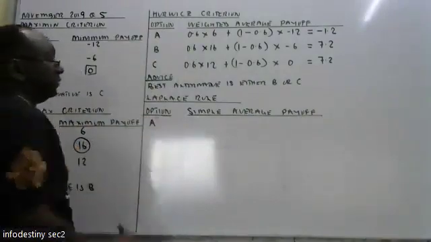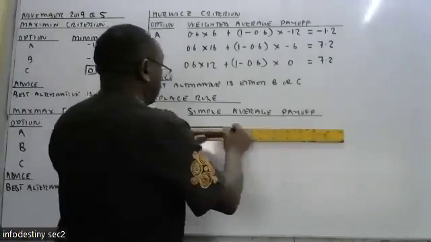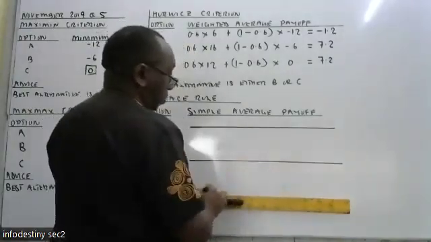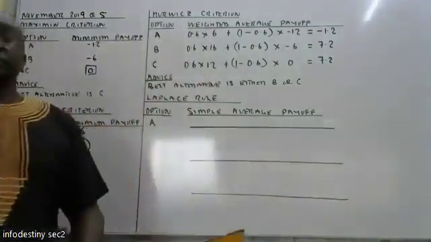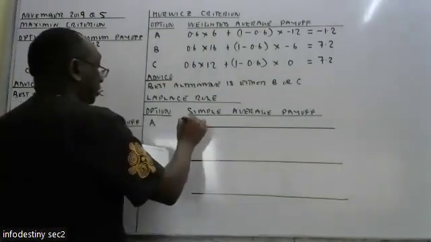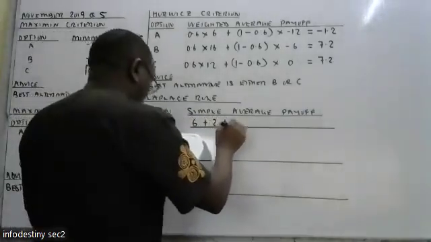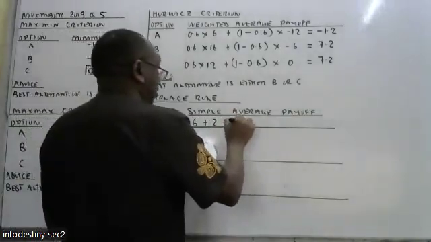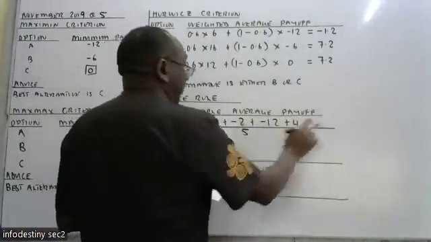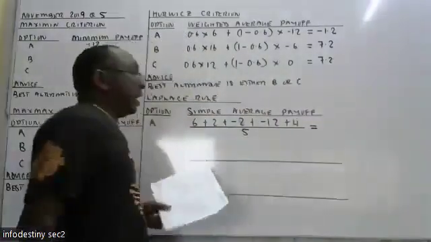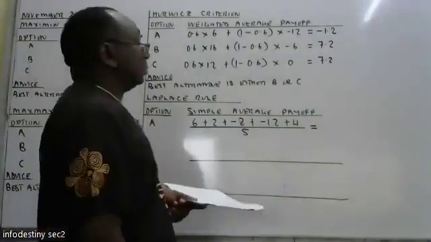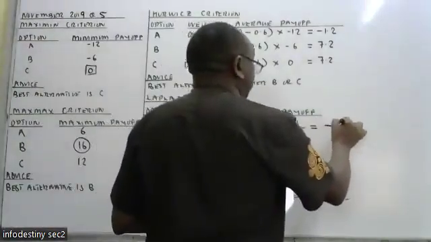Now, for the simple average payoff, what you do, you take those values when you come to A: 6 plus 2 plus minus 2 plus minus 12 plus 4, and there are 5 of them, so we divide by 5. So what is the answer? Negative 0.4.